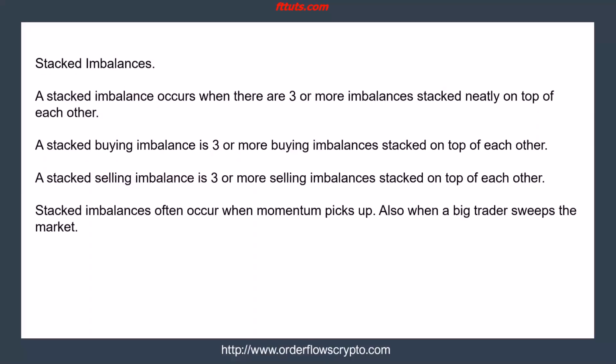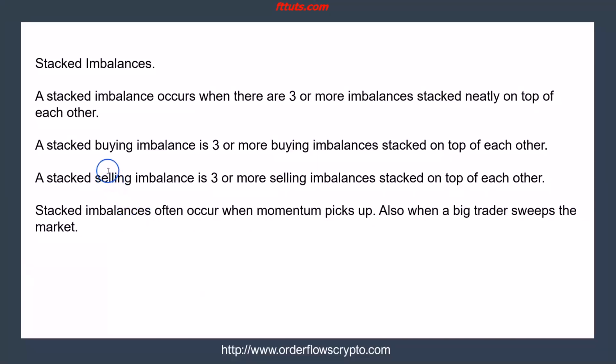So you have different types of imbalances. A stacked imbalance we'll start with first, and that occurs when there are 3 or more imbalances stacked neatly on top of each other. A stacked buying imbalance is 3 or more buying imbalances stacked on top of each other. A stacked selling imbalance is 3 or more selling imbalances, right?